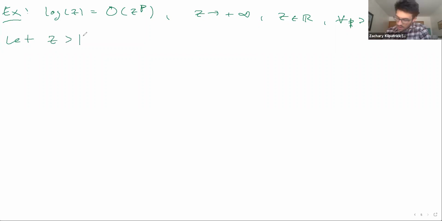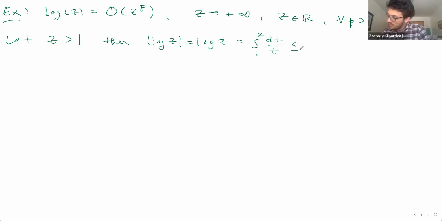So if we let z be greater than 1, okay, then we can write the magnitude of log of z is just going to equal log of z. I can write this as an integral, the integral from 1 up to z dt over t. This is bounded from above by the integral from 1 up to z of t to the p over t dt.